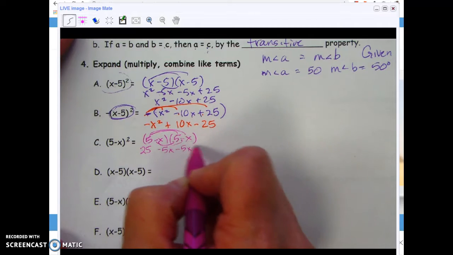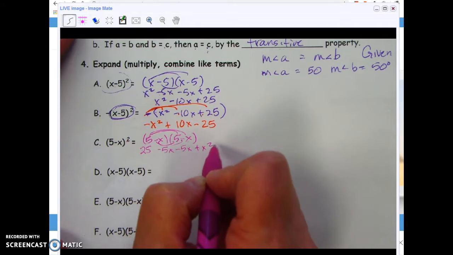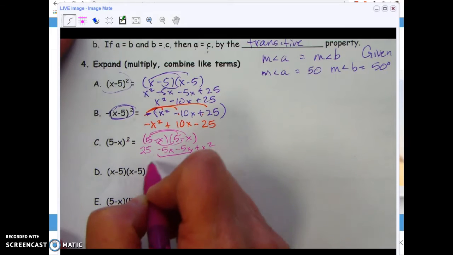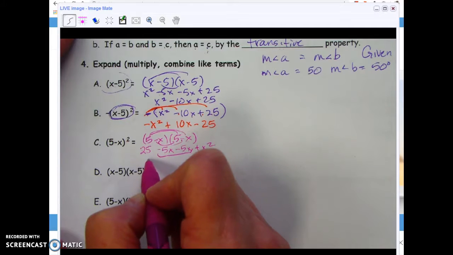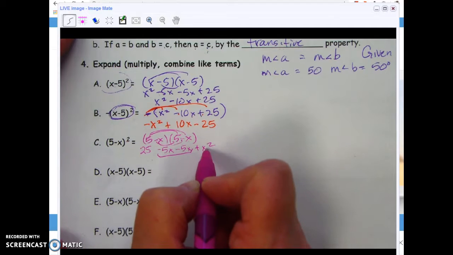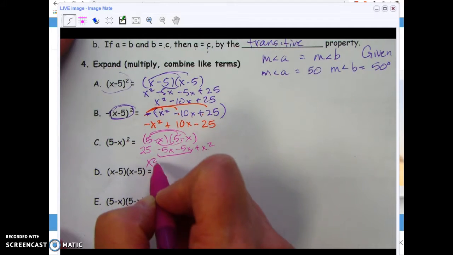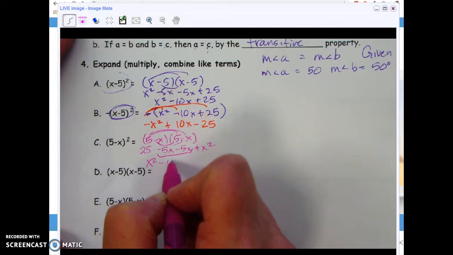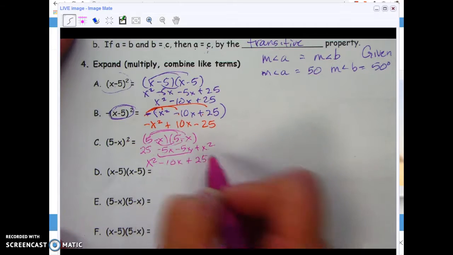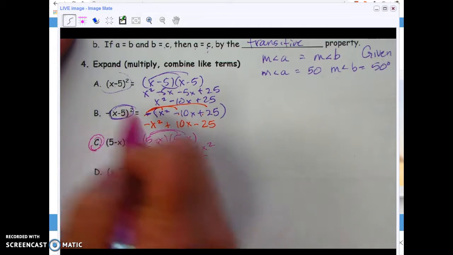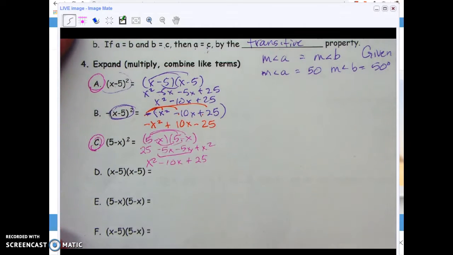Negative times a negative is a positive, plus x squared. Put these two together. What do I have? I'm going to put this in standard form, so I'm going to take this x squared, put it first. Put those two together, minus 10x, and bring my 25 where it belongs at the end. And what's happened? This is equal to that.